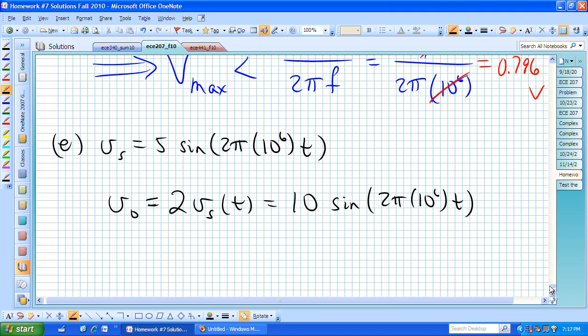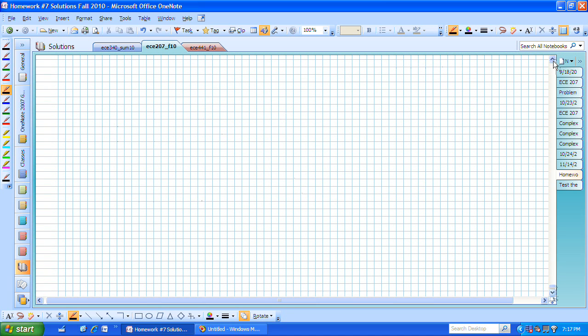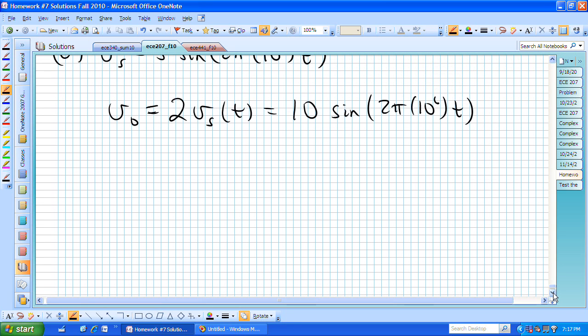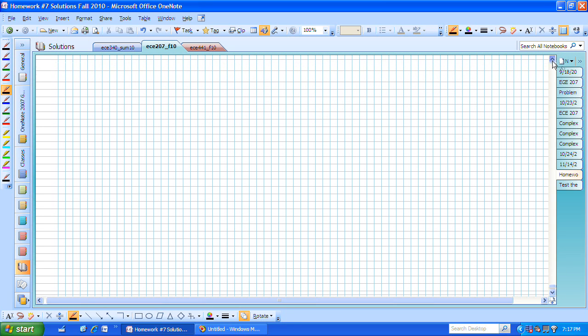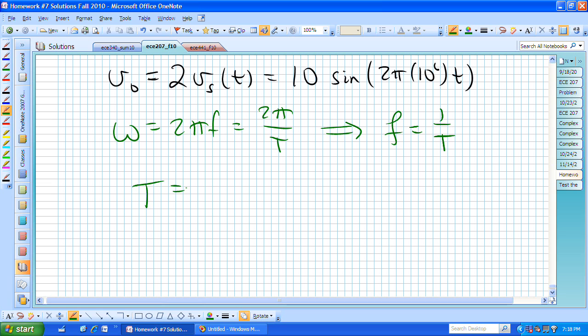Well, let's now see if we can sketch this. It says to do it accurately, but I'm going to try to do it by hand, but I'll at least start to get down the information that I need. My omega frequency, which is 2 pi f, is also 2 pi over T. And this allows us to say that our frequency is just 1 over the period, so we now know what our period of this waveform is, and this will allow us to get a time axis.